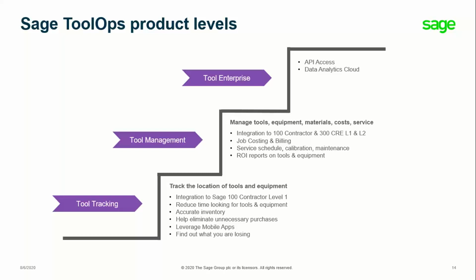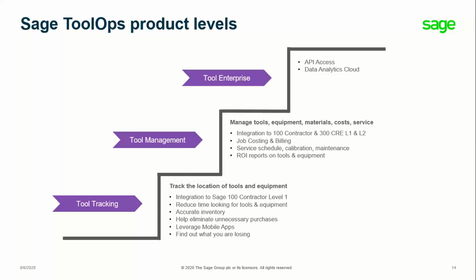A lot of people start there and then begin to migrate to the tool management side. And tool management, again, is integrated with 100. It becomes integrated with 300 CRE at what we call level 1 and level 2, and we'll talk about those levels. But additionally, this is going to provide you with the ability to job cost and bill your tools and equipment against projects.